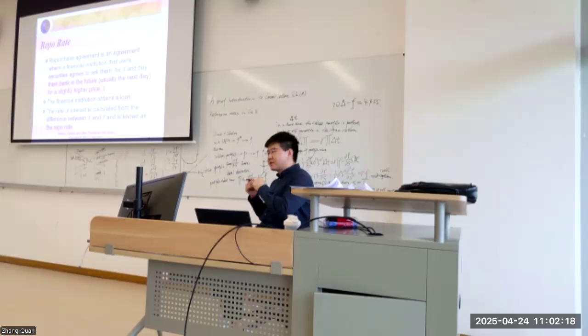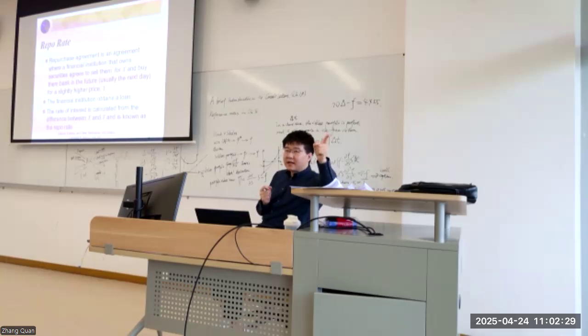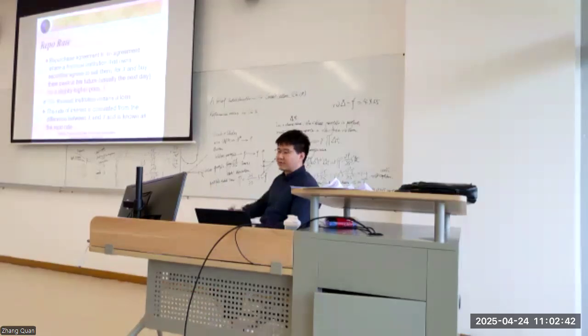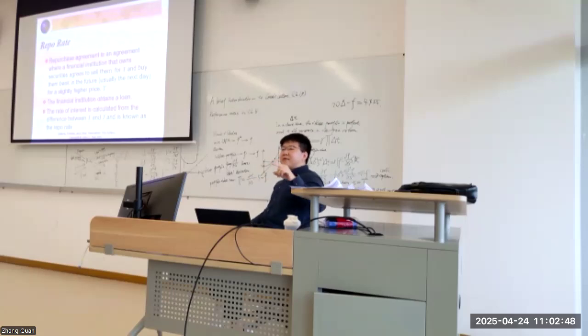So the good strategy is, how about I lend it out for a short time, just 1 week. Because I lend it out, the one who borrows my bond needs to first deposit 1,000 US dollars to me as their margin, as their collateral. Then I can use this 1,000 US dollars to run my business. 7 days later, I repurchase back the security I just lent out, by paying you a slightly higher amount.